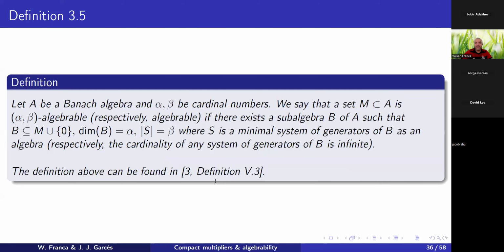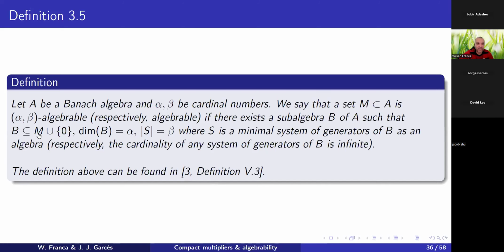Now, before moving to that explanation, let me just recall a definition that can be found in this reference. This is the standard way of defining when a set is alpha-beta algebrable. We say that a certain subset M of A is alpha-beta algebrable, where alpha and beta are two cardinal numbers, if we can find a subalgebra B of A fulfilling the following conditions.